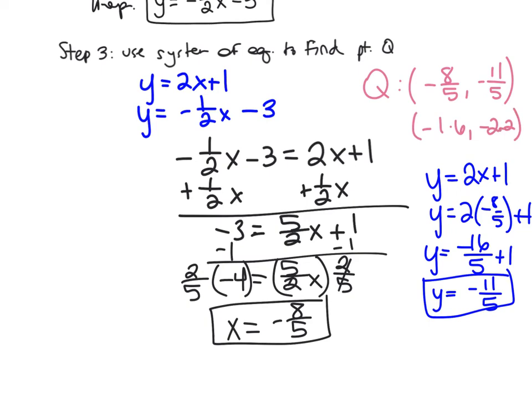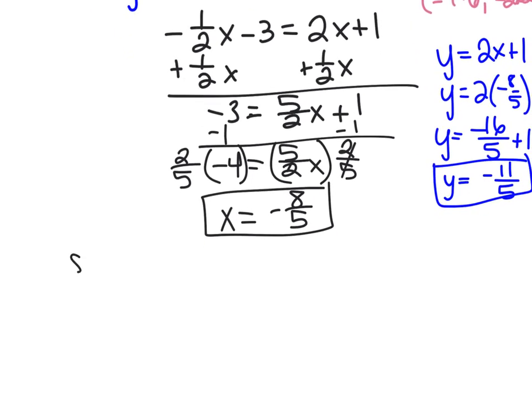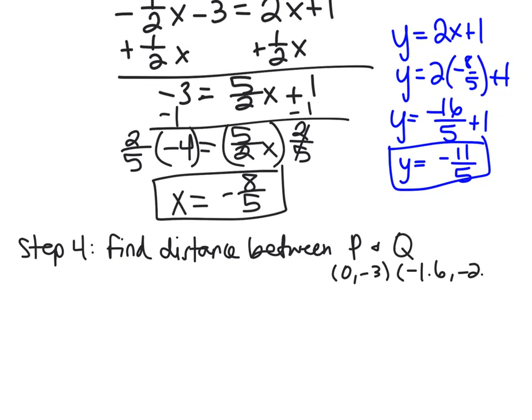Okay, so last step, we have to find the distance between point P and Q. So step 4, find the distance between P and Q. Right, remember P was at (0, -3), and Q we just determined is (-1.6, -2.2).